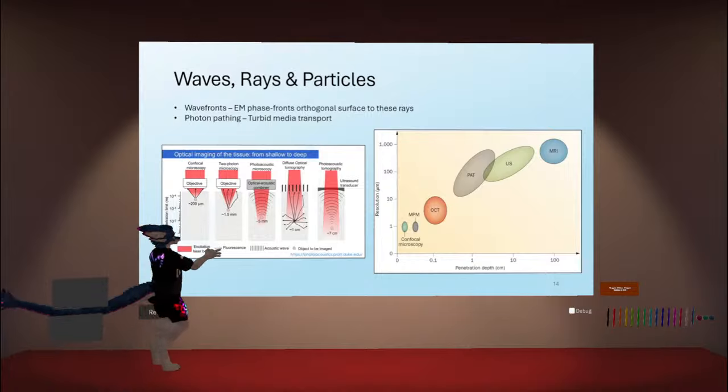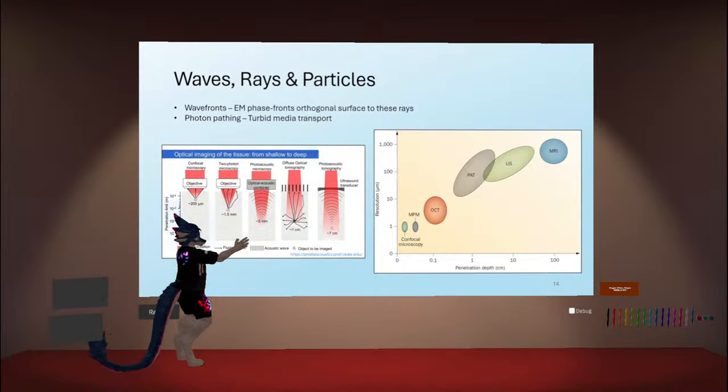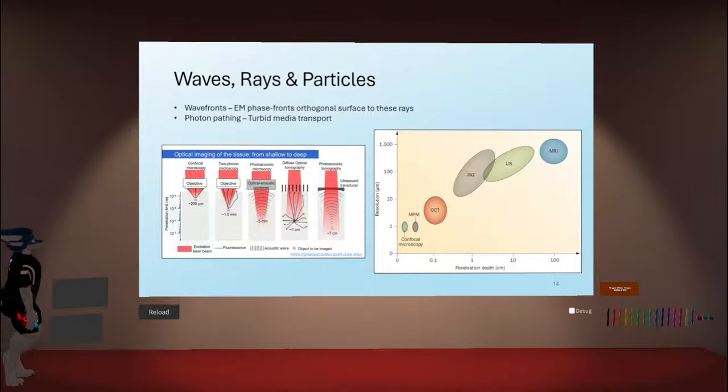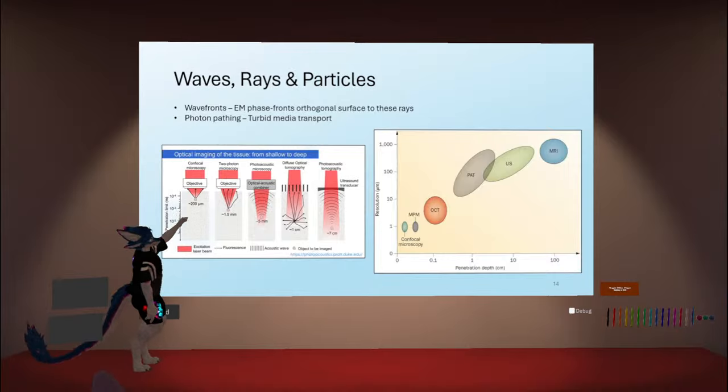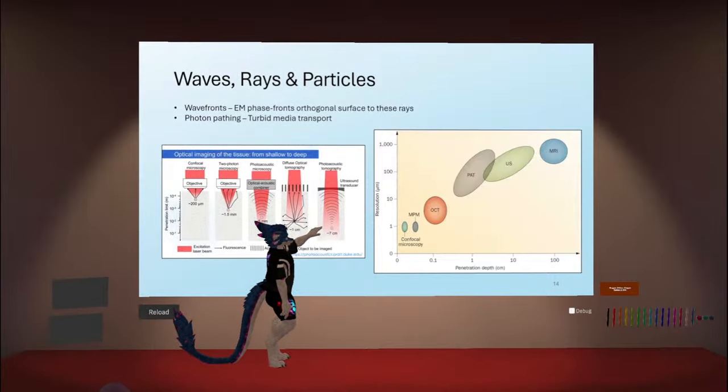And this represents the general spectrum that you're dealing with in optical imaging. Everything from extremely coherent techniques like confocal microscopy down to techniques that can operate in this diffuse regime, like photoacoustic tomography or diffuse optical tomography.